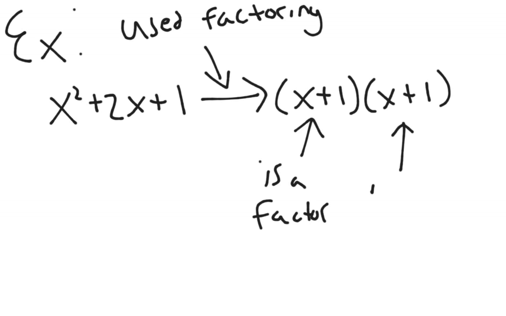And the other x plus 1 is also a factor. So this is just some info on some words I'm going to use to describe the process of factoring. Now I'm going to move on and actually tell you how to start factoring some polynomials.